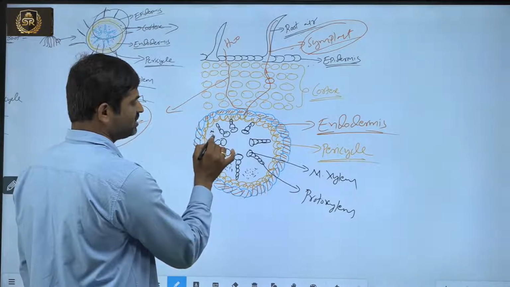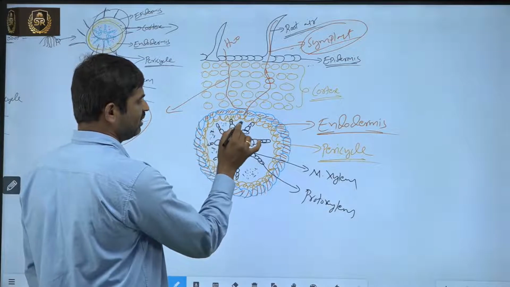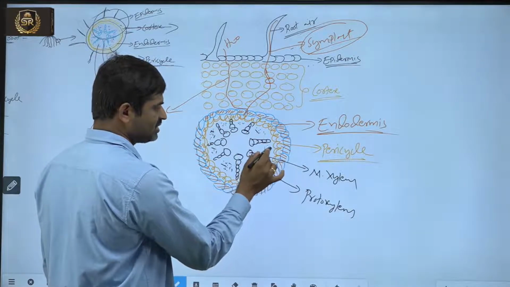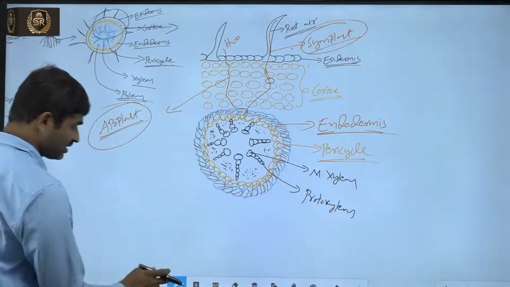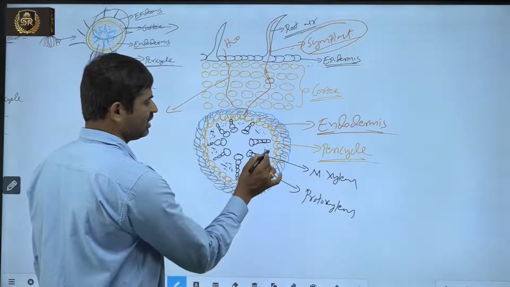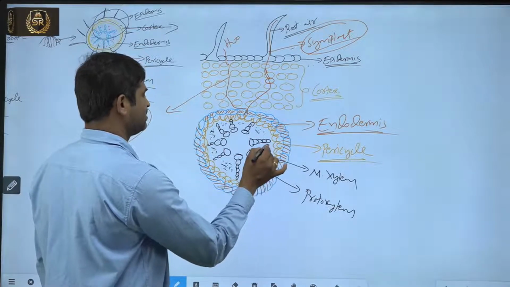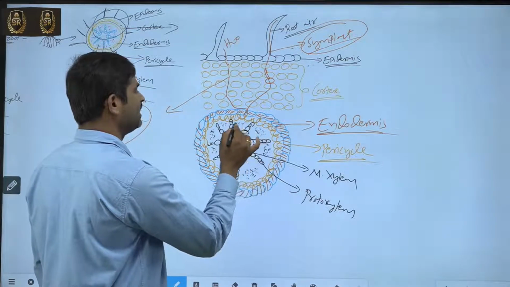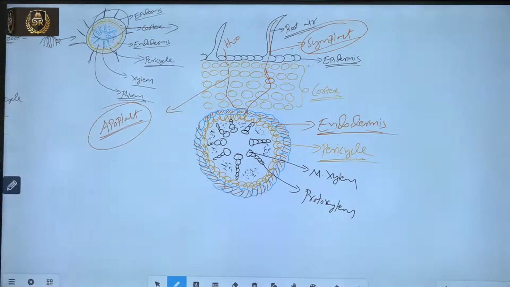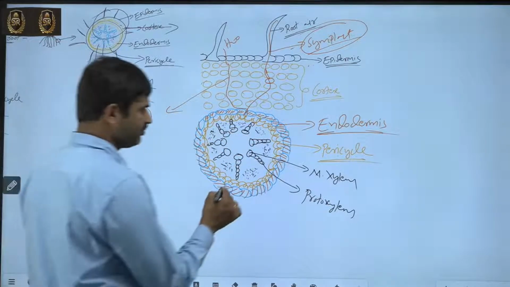Xylem and phloem are arranged in an alternate manner. This is called a radial vascular bundle, or another name is alternate vascular bundle.